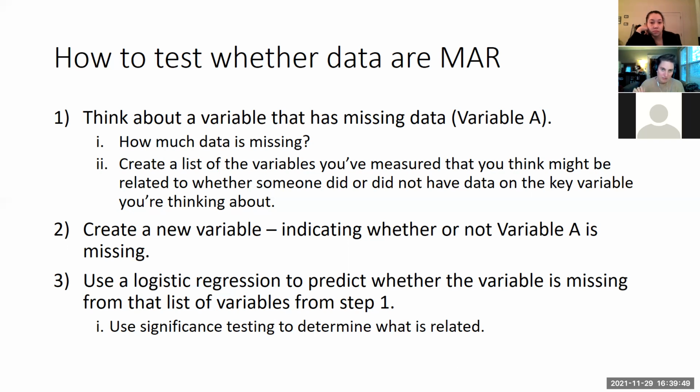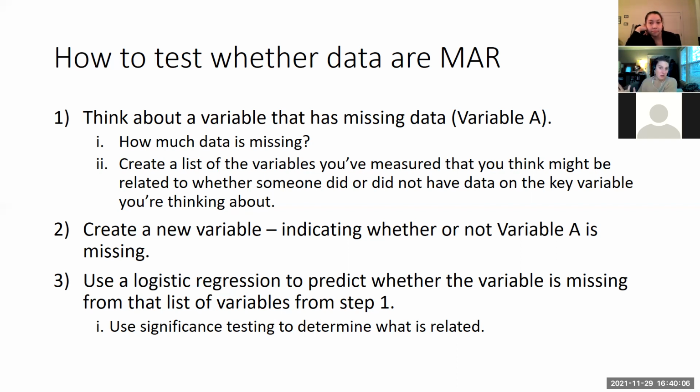That's a terrible variable name. Never name variables that long. Call it climate survey missing. And it's going to be a 1 if it's missing and a 0 if it's not missing. So I'll have 25 ones and the rest of them will be zeros.